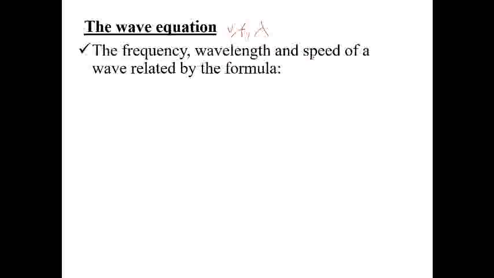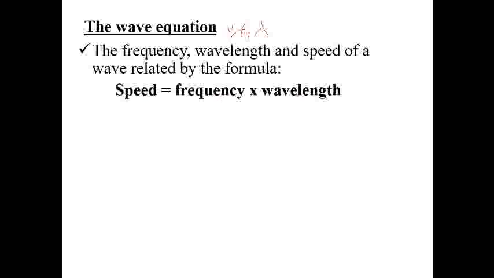The other thing is the wave equation. The wave equation relates the wave speed, the frequency or time period, and the wavelength lambda. The frequency, wavelength, and speed of a wave are related by the formula: V, the speed, is equal to the product of what?